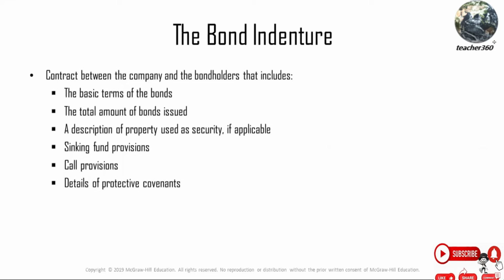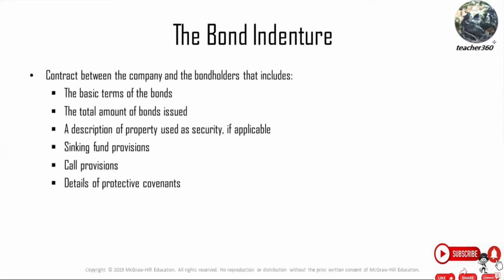When corporations or governments issue bonds, at that time the bondholder and investor make some specific agreements which both parties have to follow. So all these conditions, all these agreements are written in the bond indenture.